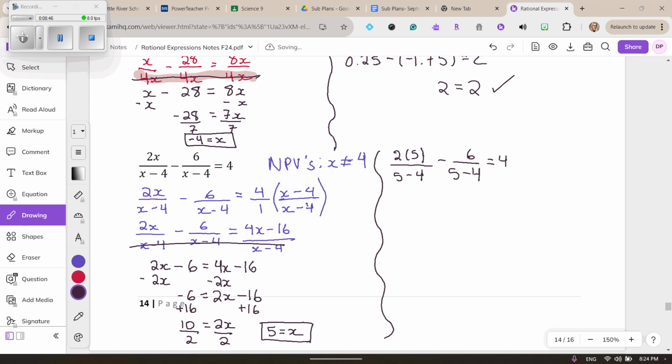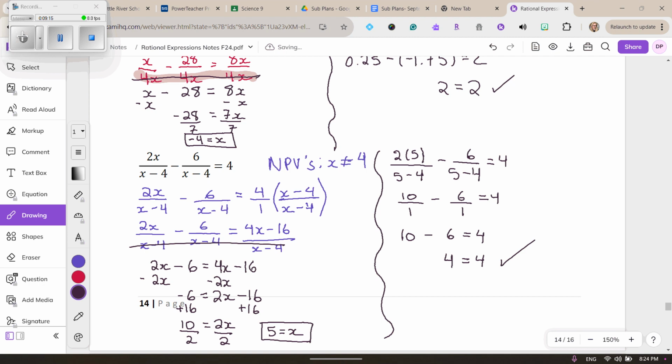So I think I can do this one without my calculator. 2 times 5 is 10. 10 over top of 5 minus 4 is 1. Minus 6 over top of 1 equals 4. And I know that 10 divided by 1 is just 10. And 6 divided by 1 is just 6. So I get 10 minus 6 equals 4. And we get 4 equals 4. So we did it right.